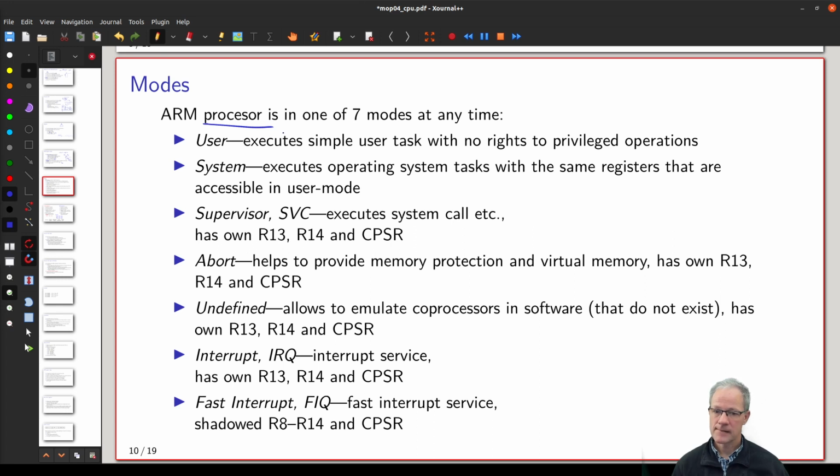So there's this user mode, as described. There's the system mode, which is usually used for the operating system tasks. It has some more options, but it uses the registers that are accessible in the user mode. Then there is the supervisor mode, sometimes abbreviated as SVC. That's the privileged mode where you can execute a system call.